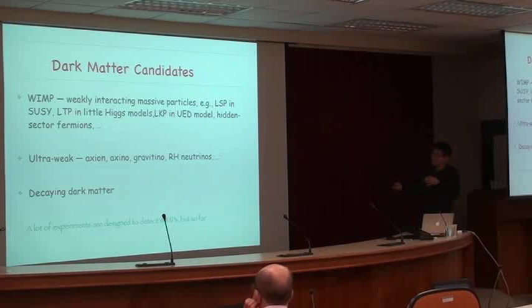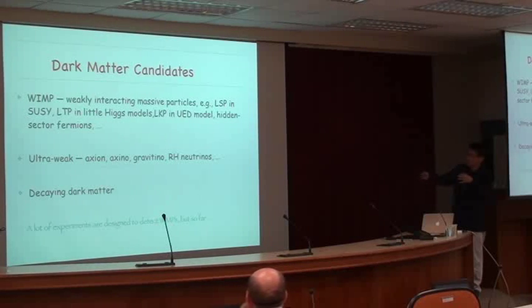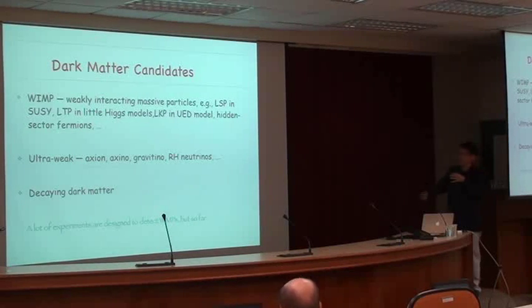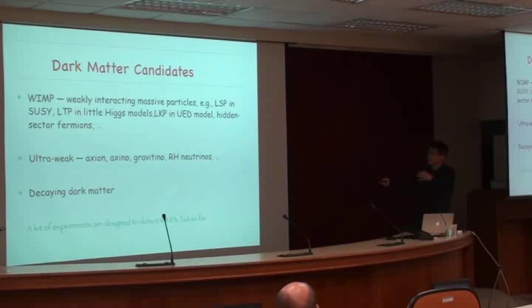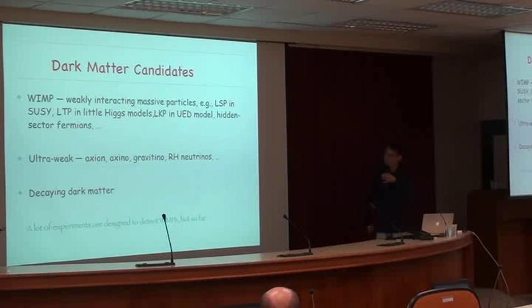Before I come to that, this is a very brief summary of dark matter candidates. The most popular one is the WIMP, the weakly interacting massive particle, and there are many theoretical models that predict the existence of such particles, like the LSP, the supersymmetric particle in SUSY, like the LKP in the UED model, and some hidden sector fermions, etc. You can name it.